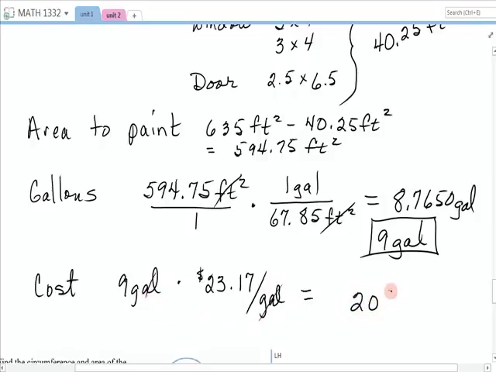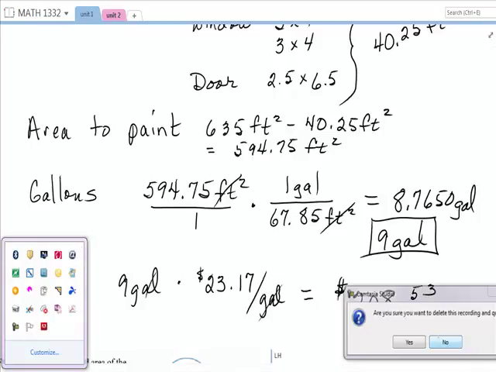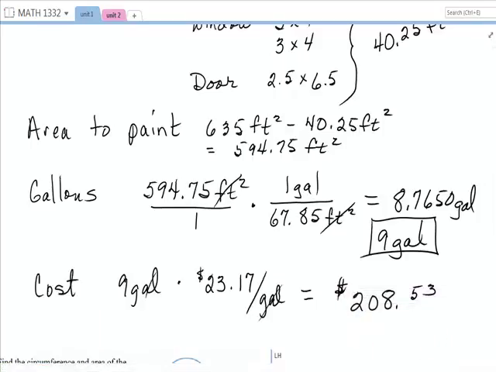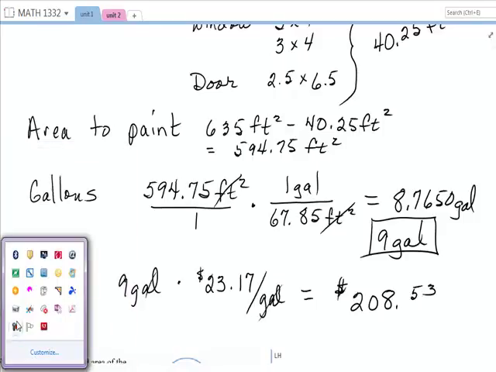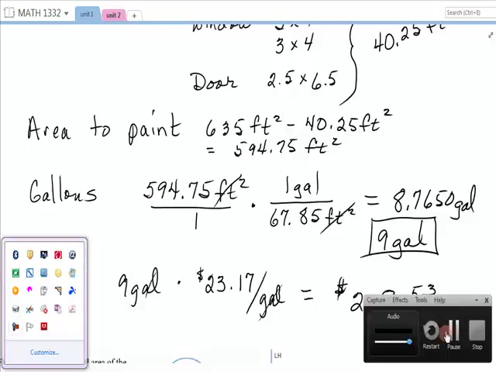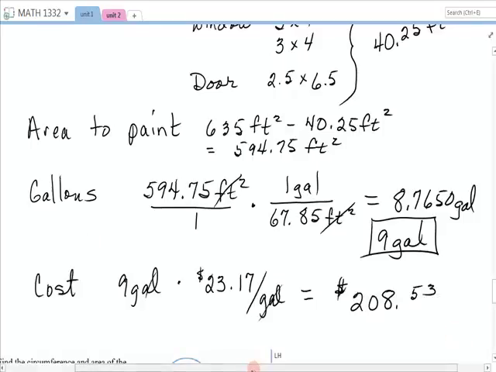It's going to cost me $208.53. That's a huge problem, as far as there's a lot of work going into that one. All right, so that was a real long problem.